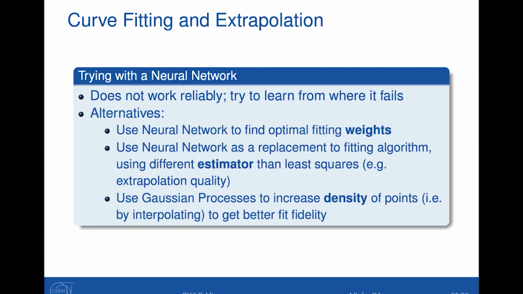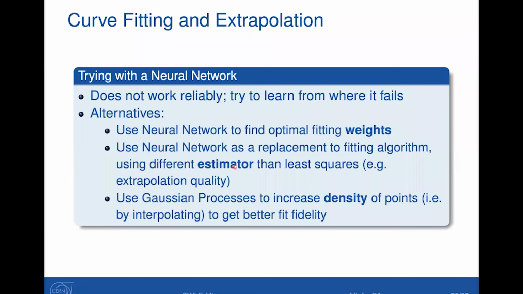And then, instead of the standard least squares estimator, we could use extrapolation quality somehow. This is not that trivial to implement, and this is something that at some point I still would like to try to do. But it might take a lot of time to get this working in a fine way.